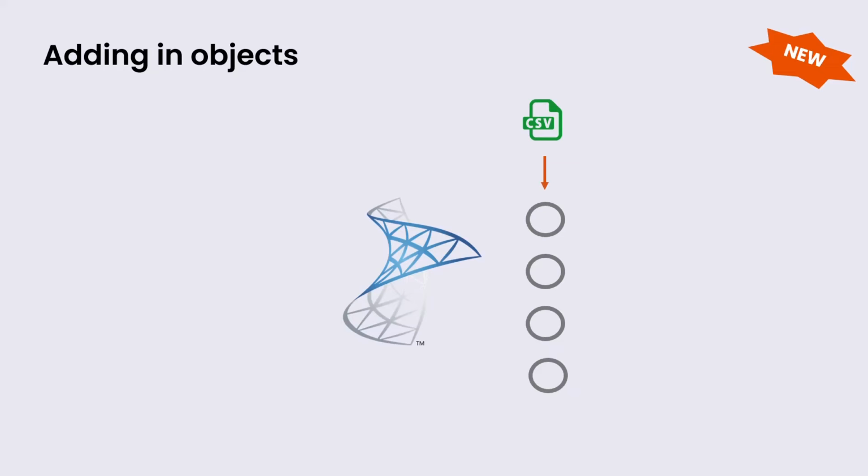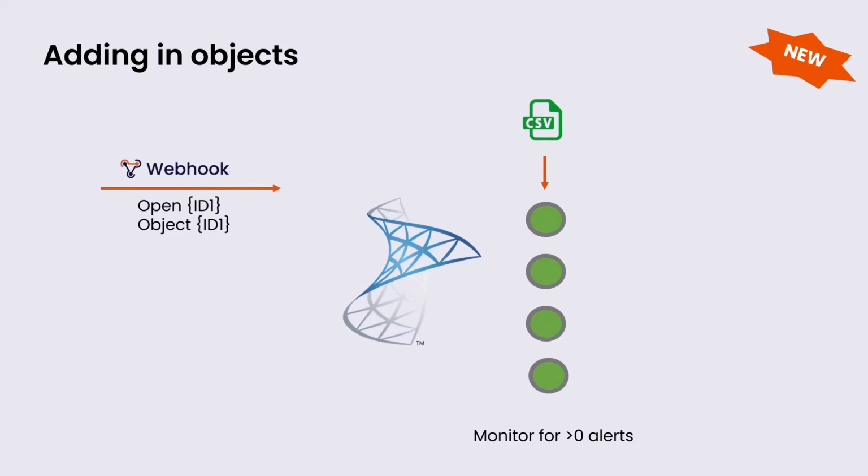With Connection Center Webhooks in this new version in Connection Center 4, we can do this from CSV or by freehand typing object names, and then go one step beyond and add a monitor to each of these objects so that they go red when they have alerts against them, which are all generated obviously by our webhook.